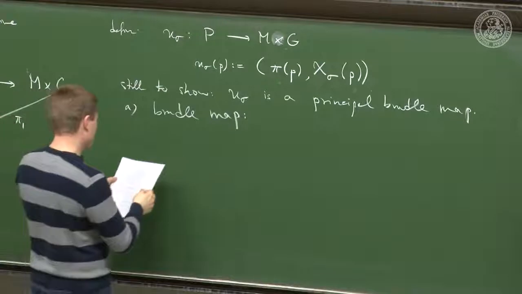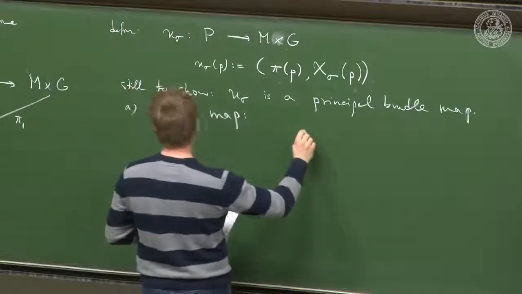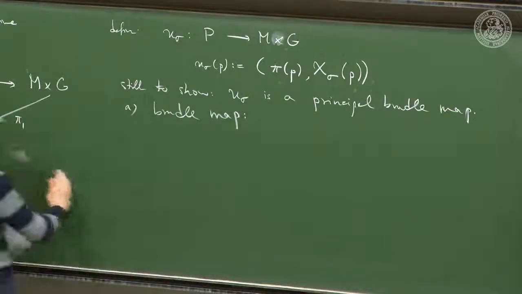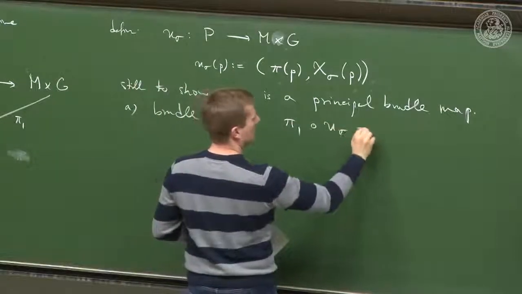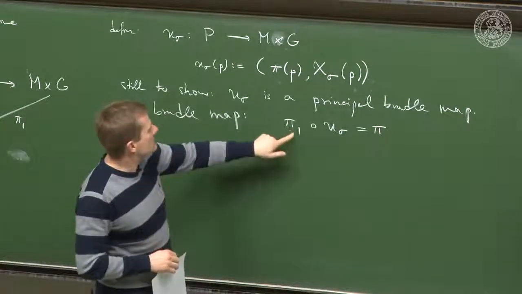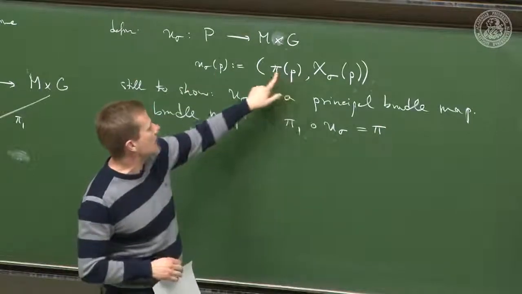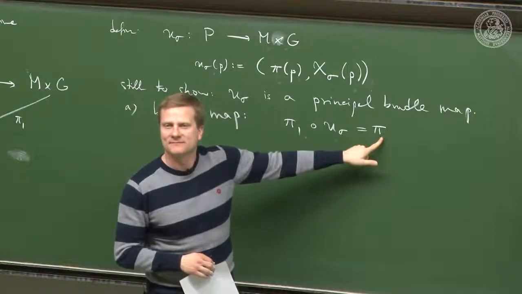A bundle map, we need to check that the pi 1 after this U sigma has the same effect as the pi. You remember? Down here the stuff, that's the bundle map business. Okay? But this is obvious because the pi 1, I first apply the sigma, and then the pi 1 projects out just this part, but that's of course the action of the pi. It's trivial.